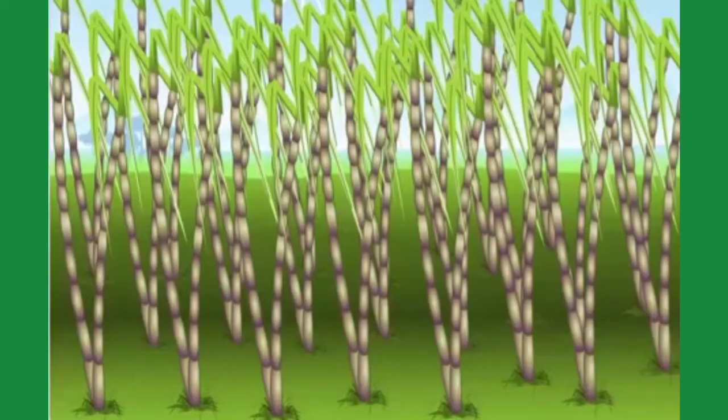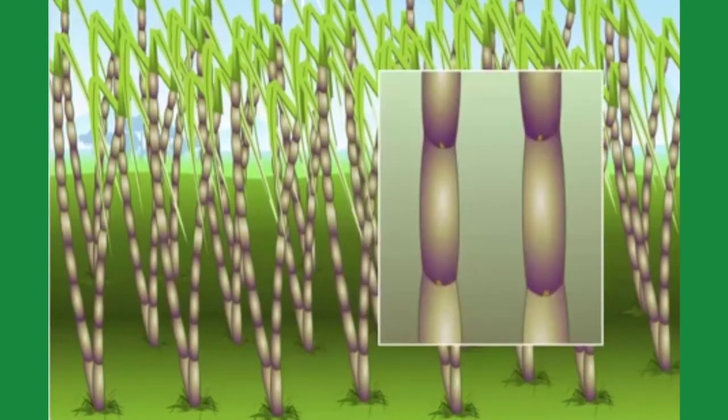Let's look at a few examples. When we observe a field of sugarcane, we hardly find variation among the individual plants. The bacterium divides into two bacteria and the resulting two bacteria redivide to regenerate four bacteria. All these bacteria are identical.